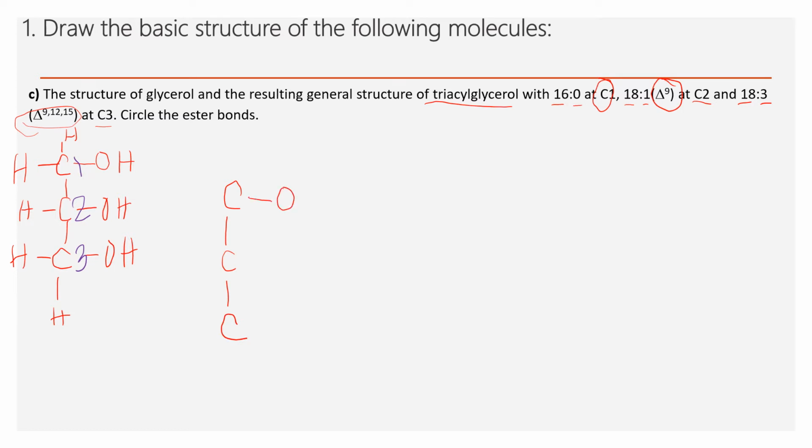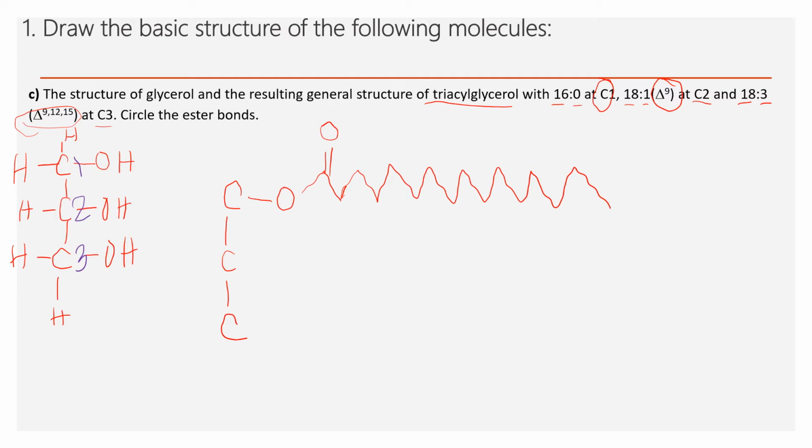You always draw your oxygen, and when it binds to the fatty acid, it'll look like this. The first one said 16 carbons with 0 double bonds. So that's 1, 2, 3, 4, 5, 6, 7, 8, 9, 10, 11, 12, 13, 14, 15, 16. So there are 16 carbons with no double bonds.